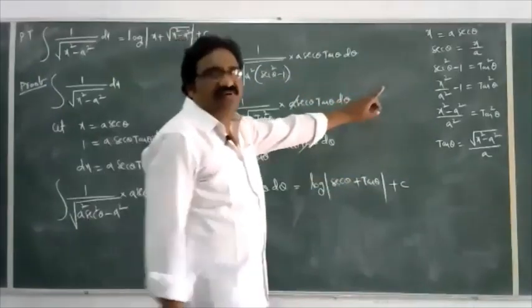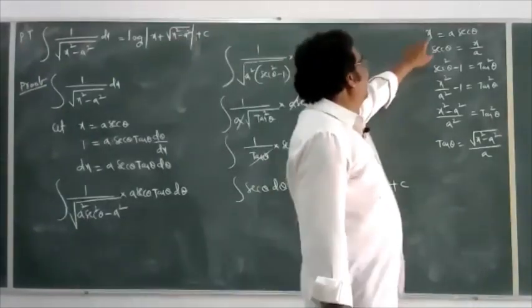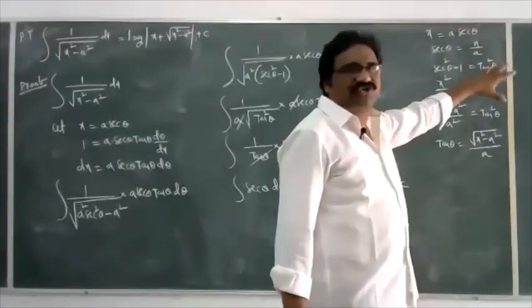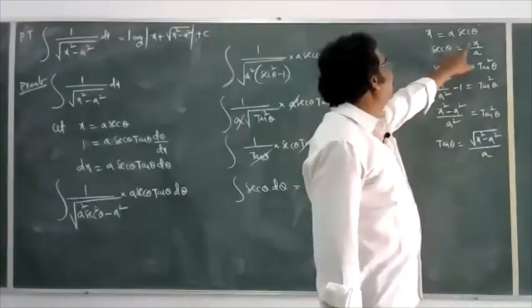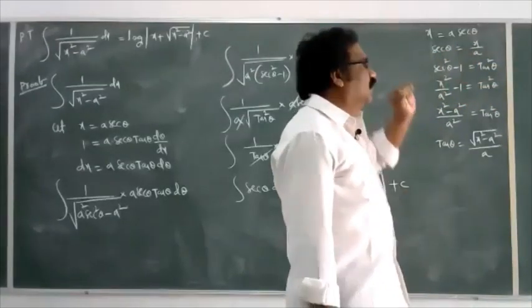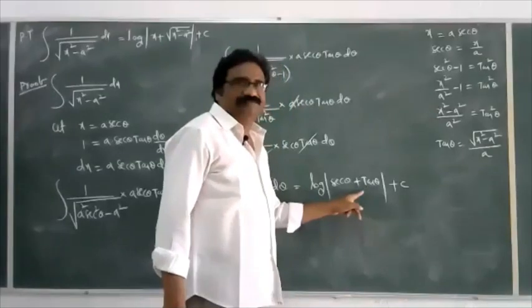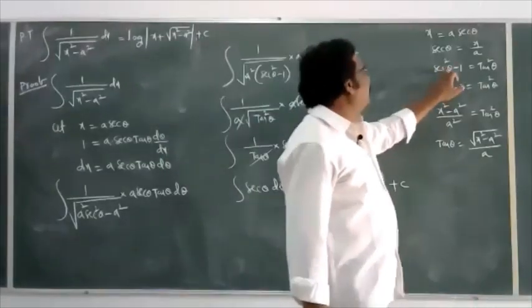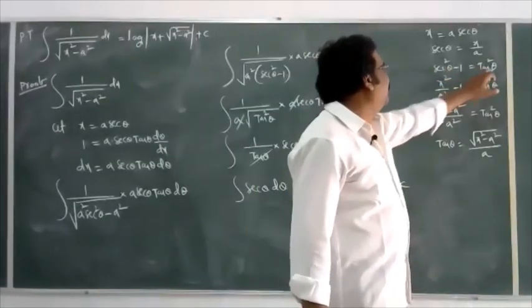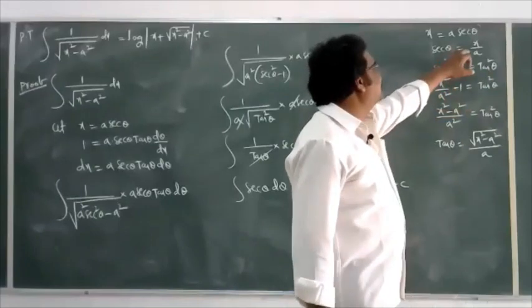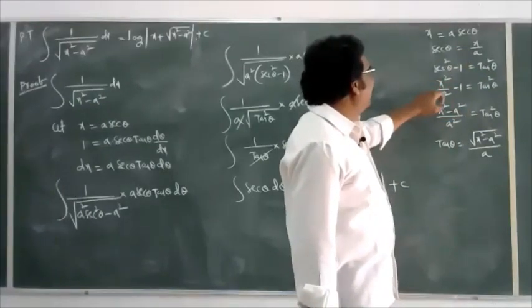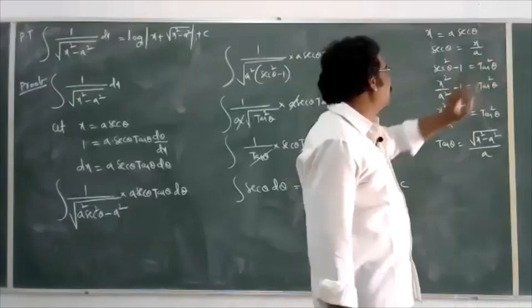In the rough, you note this. X is equal to a secant theta, our substitution. From this you get secant theta is equal to x by a. We require tan theta also, that's why secant square theta minus 1 is equal to tan square theta. Secant theta is x by a, so x square by a square minus 1 is equal to tan square theta.